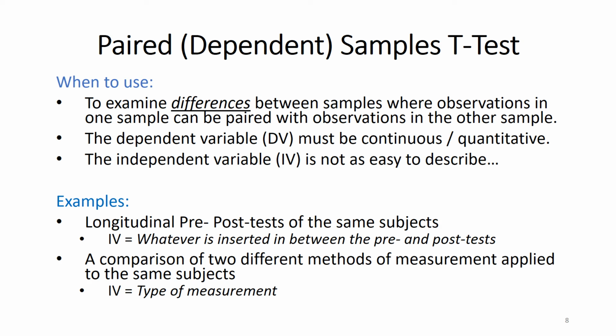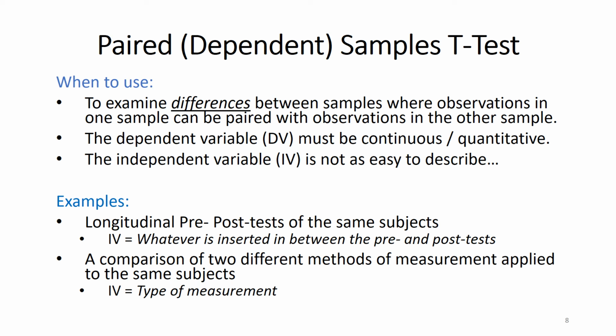We're going to use this type of test to examine differences between samples, and here's the key point, where observations in one sample can be paired with observations in the other sample. So the words independent and dependent are the key things that define the difference between this test and the independent samples t-test that we talked about on the previous slides.